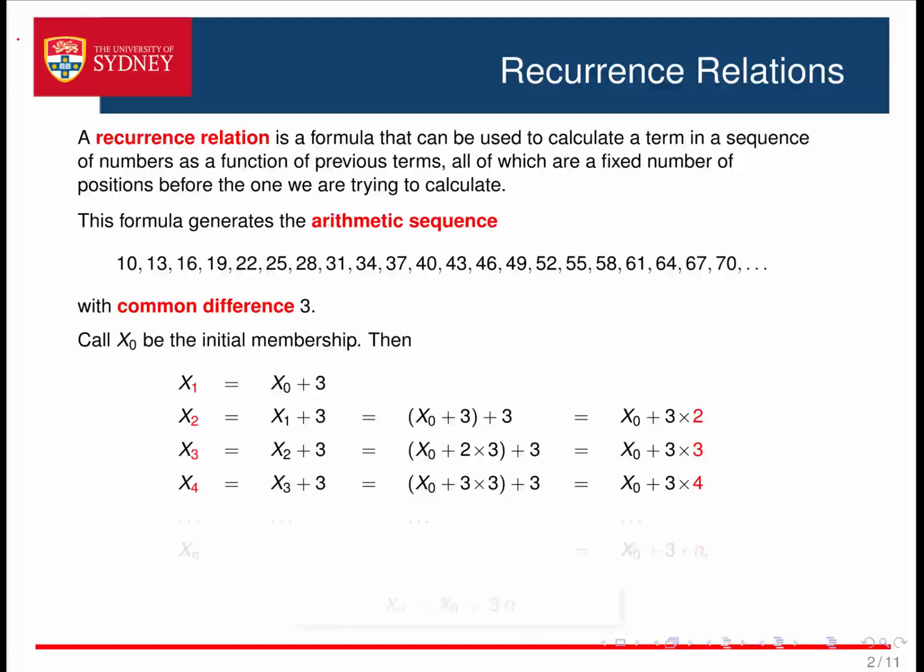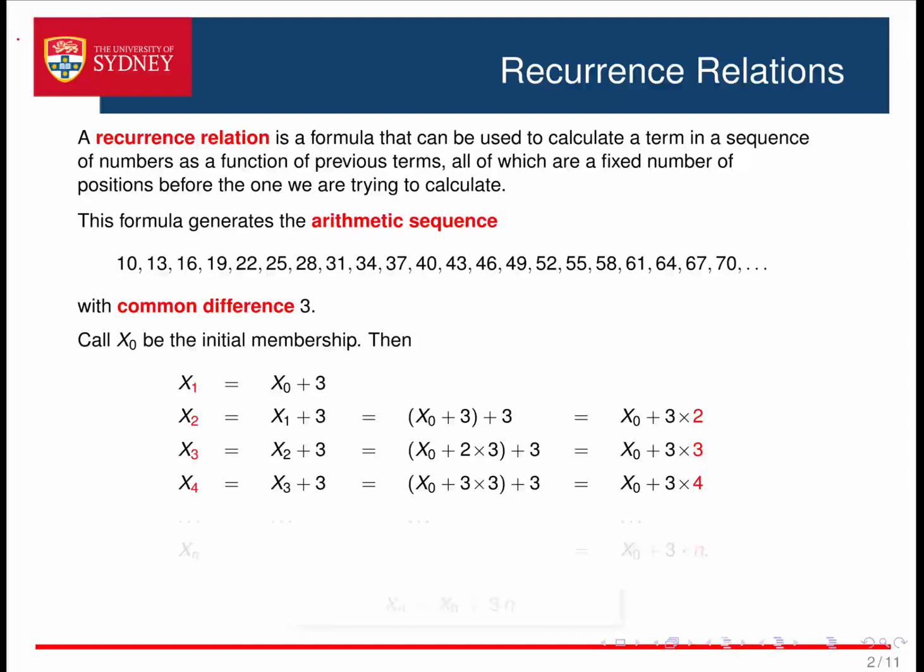To make it a little clearer, let's work out one more term. x4 is equal to x3 plus 3, and using our formula for x3, x4 is therefore equal to x0 plus 3 times 3 plus 3, which simplifies to x4 is equal to x0 plus 3 times 4.